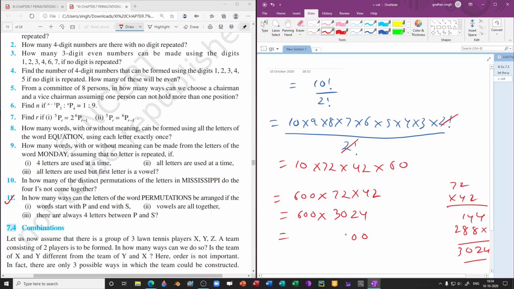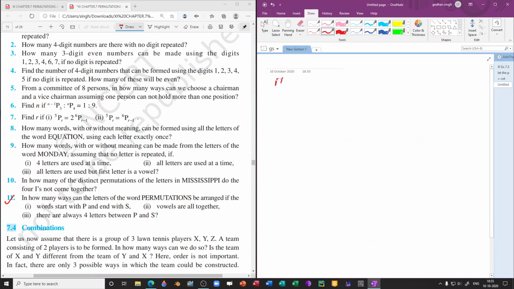Then 6 into 4 is 24, 2 carried over, 6 into 2, 12, 14, 1 carried over, 6 into 0 is 0. So 1 carried over from the earlier one, and 6 into 3 is 18. So this is the answer of the first part, 1814400.